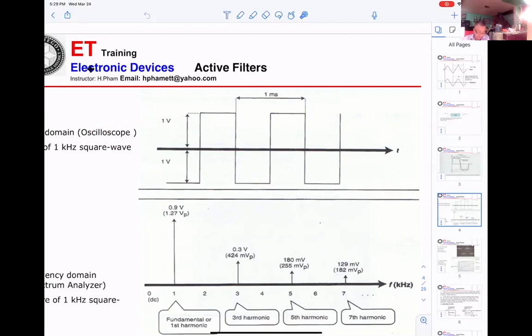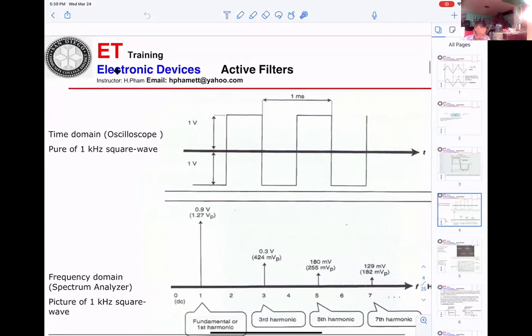However, when you display the same signal on the spectrum analyzer, it will be a frequency domain. The oscilloscope shows T, the time domain.